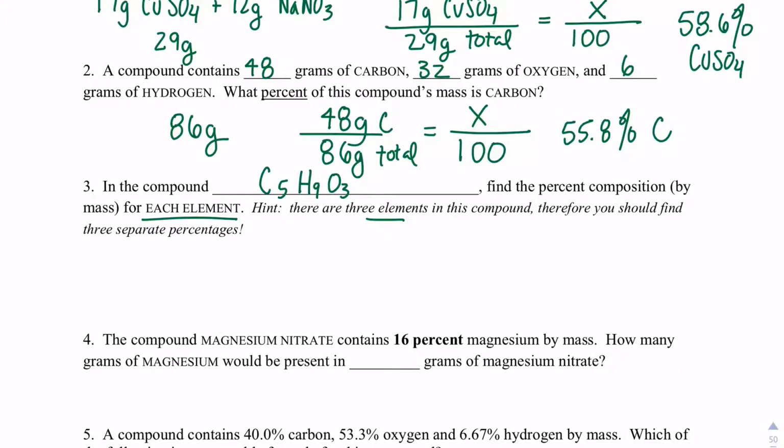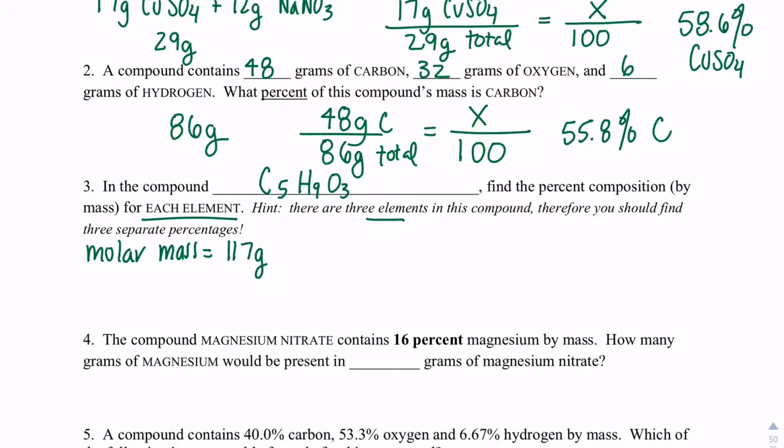And when you add all the percentages up, they should equal 100. So the first thing that we need to do is calculate the molar mass. So we learned how to calculate the molar mass already. The molar mass for this substance is 117 grams. So that's the whole mass of it.